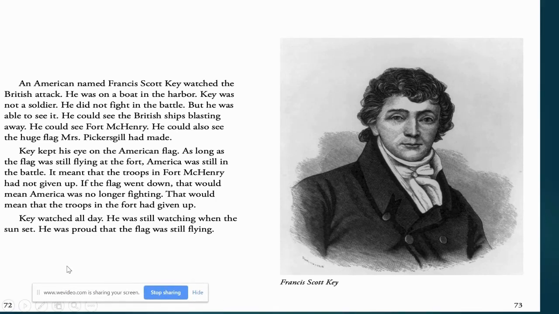If you have not yet finished reading page 72, please pause the video now to continue reading the page and then press play once you have finished.